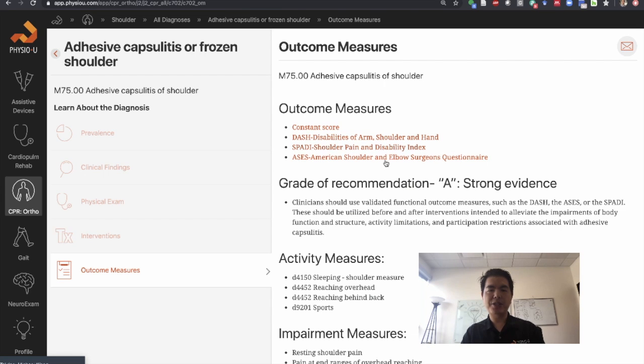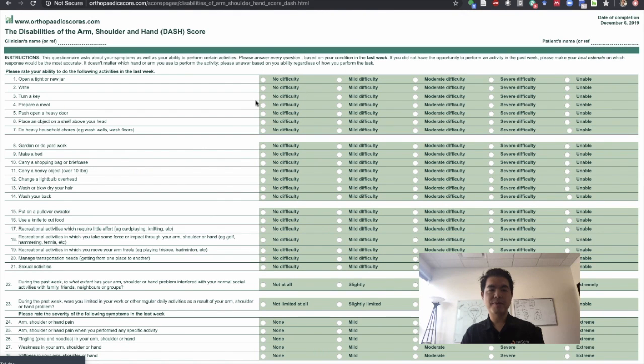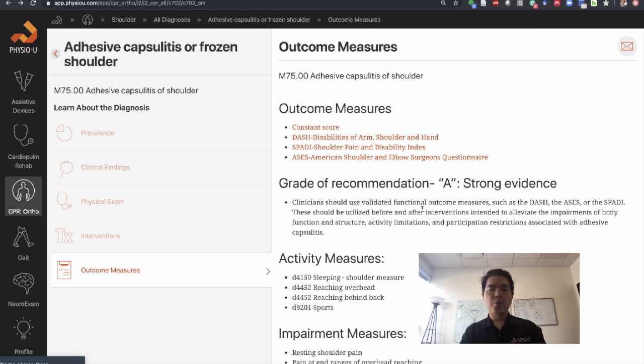Here are the outcome measures, and if they are available freely on the web, I have linked them here. And you can also see that we have tried to link the guideline recommendations all here.